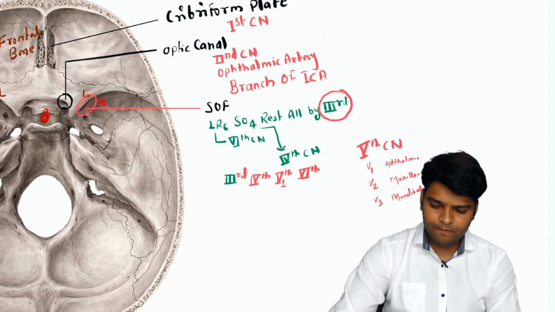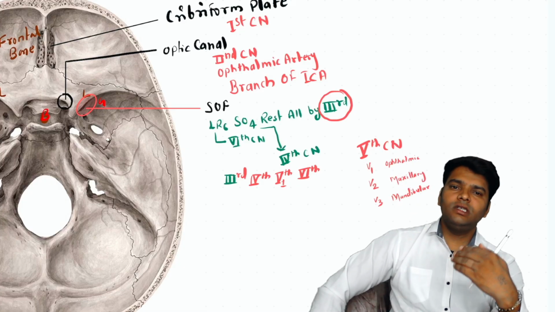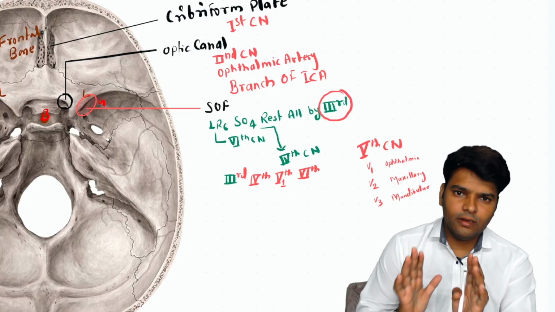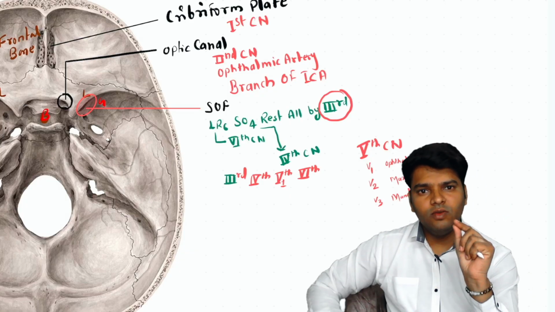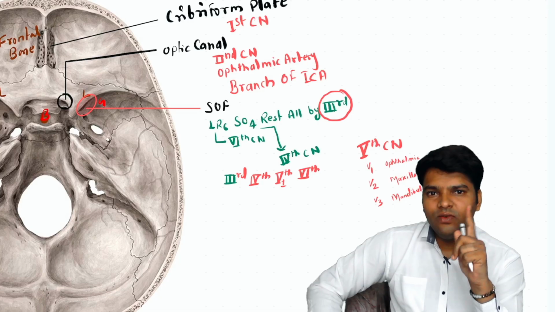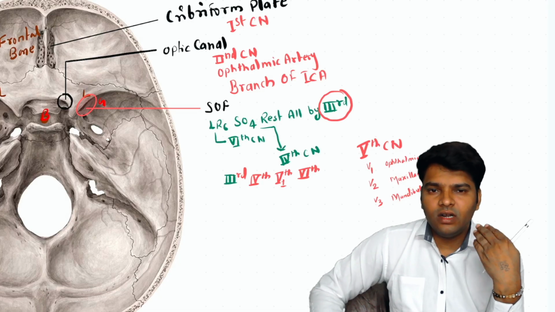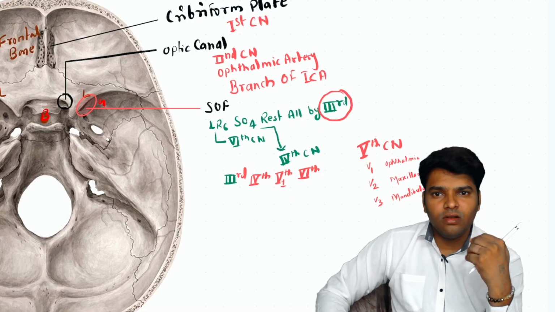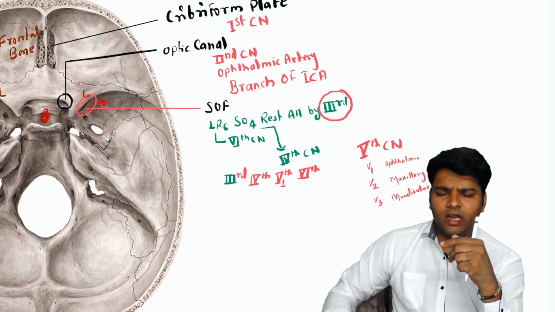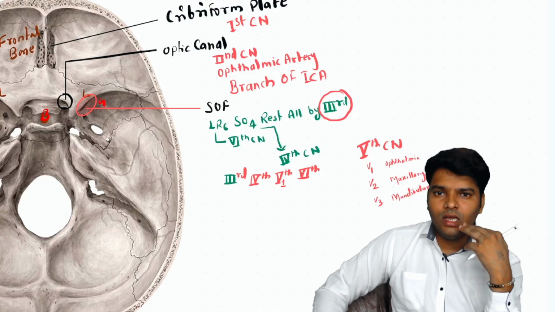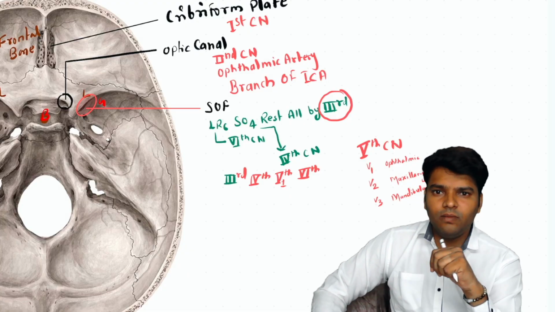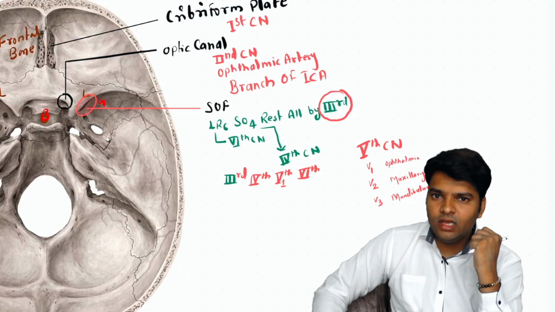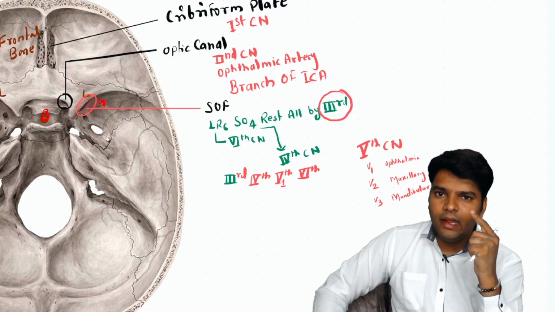When we learn about the cranial nerves in detail, we will see that just before entering the superior orbital fissure, V1 is also divided into three branches: nasociliary, lacrimal and frontal.